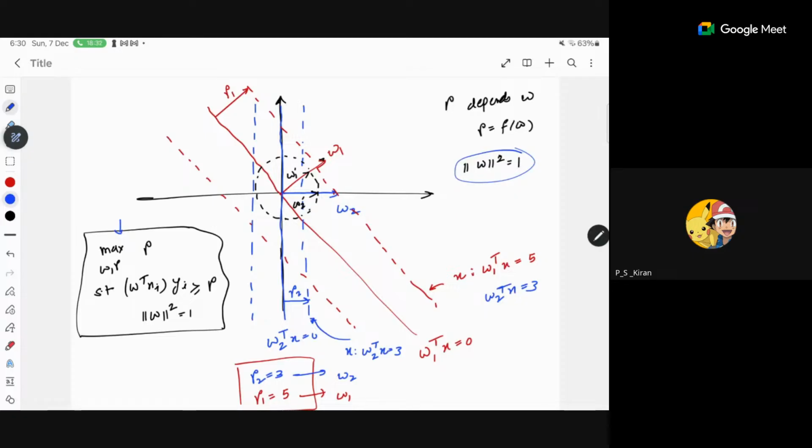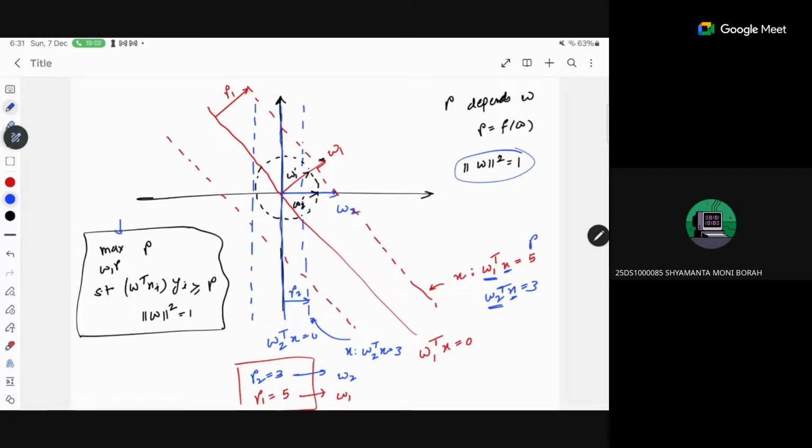If I ask which gamma is better, can we directly go with the 5, or how can we compare these two? Are W1 and W2 comparable for the given gamma? It will depend on the data points also. The data points are the same, correct? The vector is different, no?